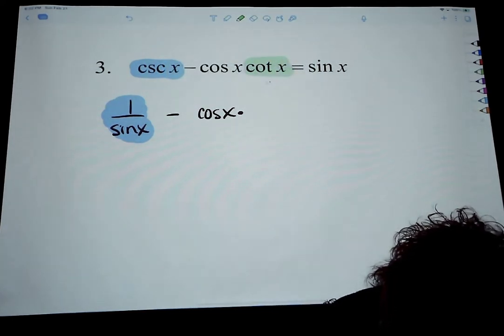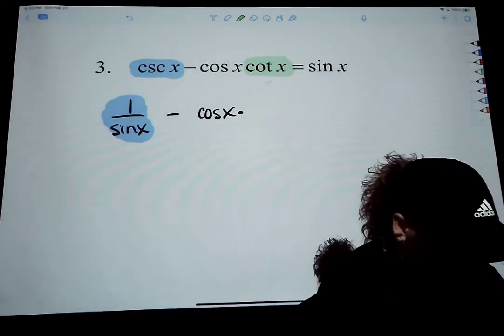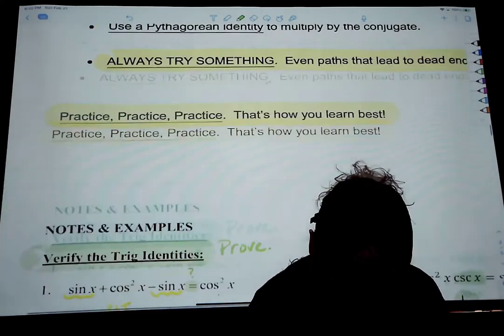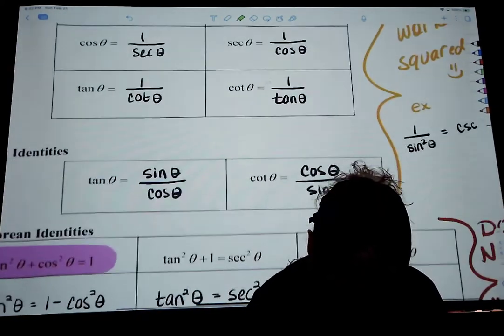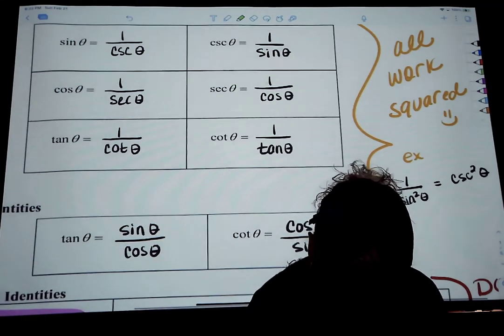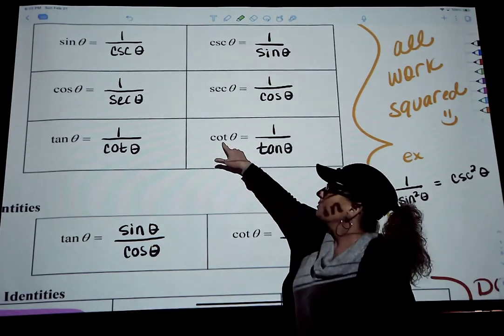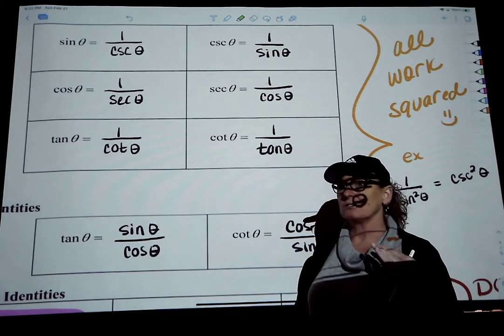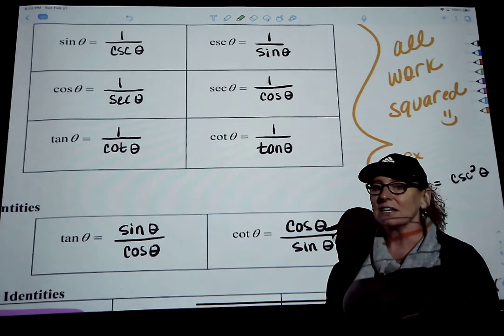What are we going to turn cotangent into? Some people want to turn cotangent into 1 over tangent. That wasn't what I suggested. I suggested, why don't we turn everything into sines and cosines?